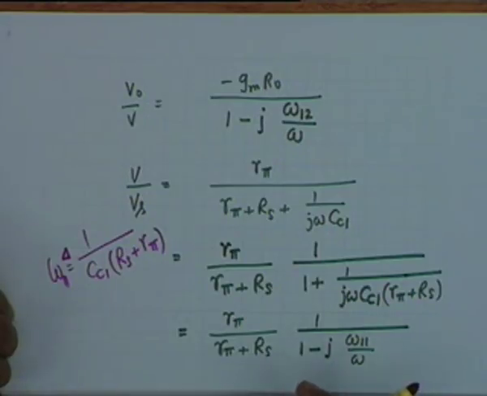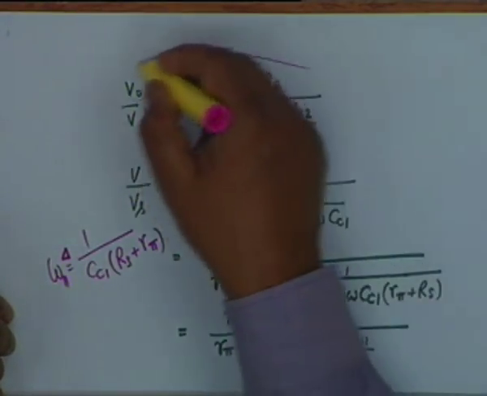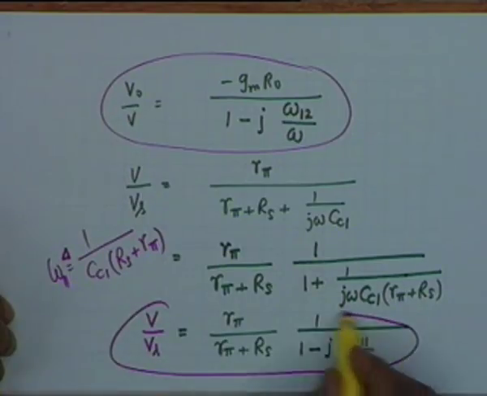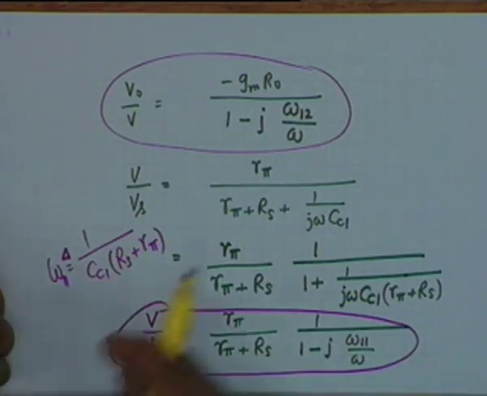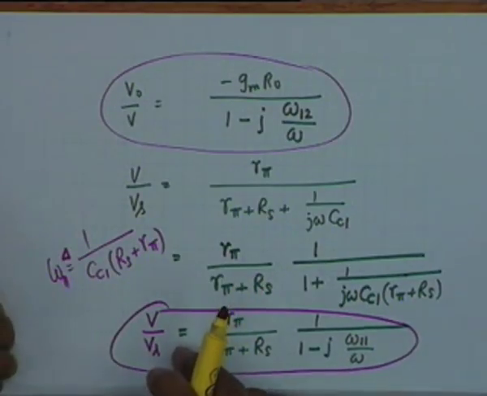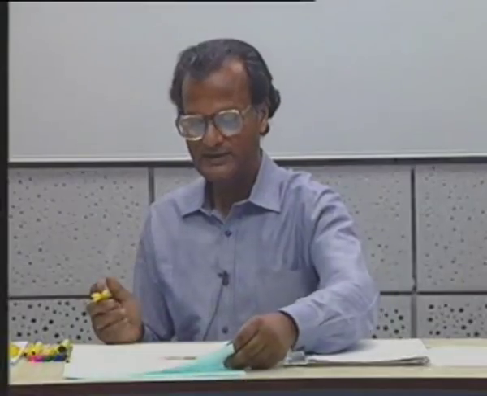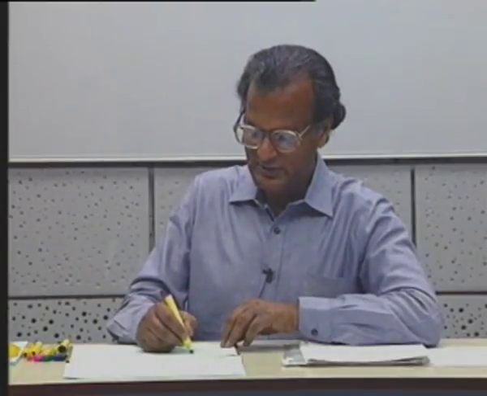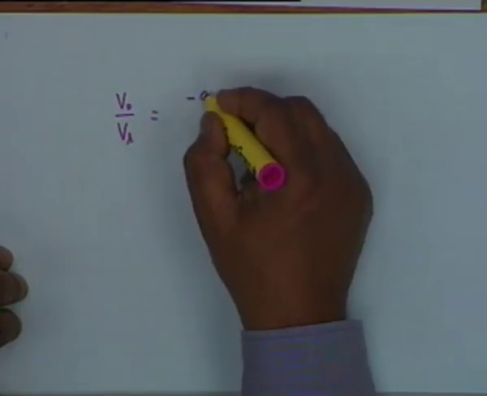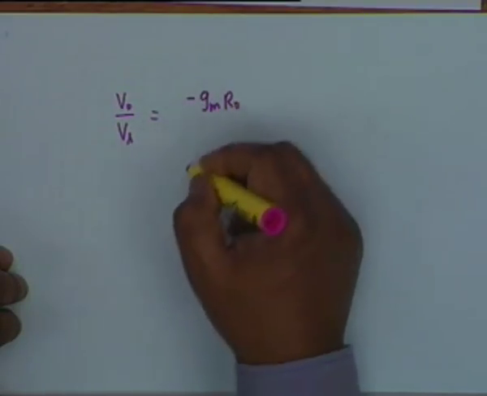All right. Now, if I substitute these two values, that is V0 by V, this expression, and V by Vs, this expression, then I multiply the two, then I get V0 by Vs, that is the overall gain, and this obviously becomes equal to, if you notice carefully, minus Gm R0.